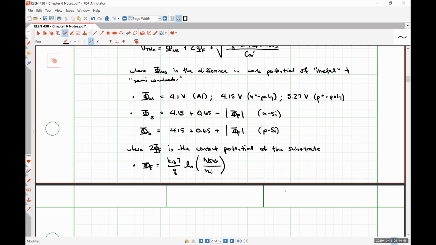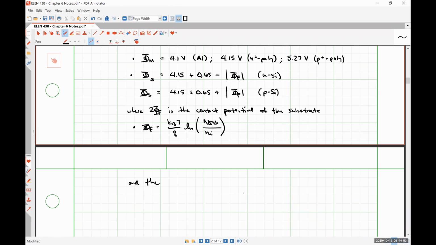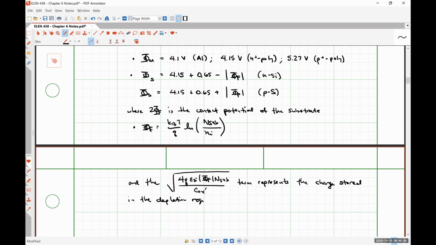All right. And then our last term represents the charge stored in the depletion region per oxide capacitance.